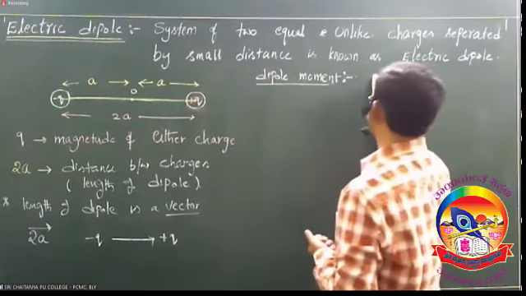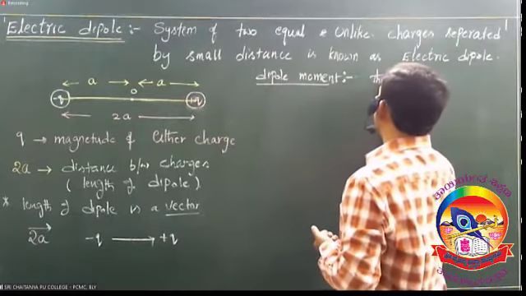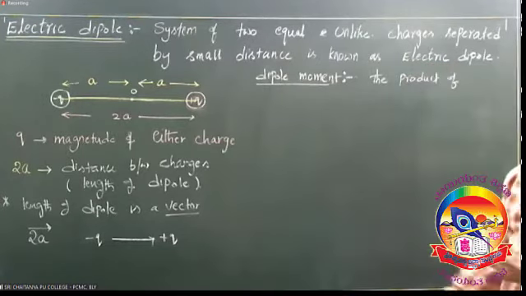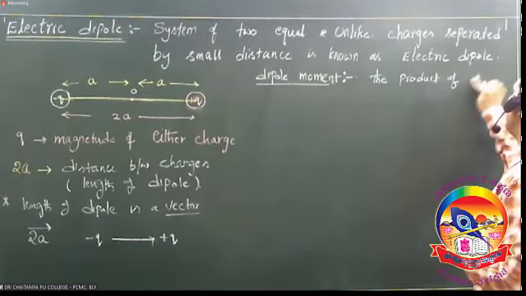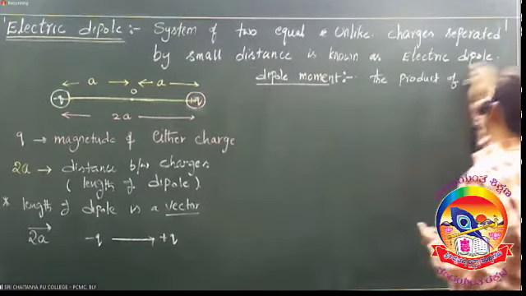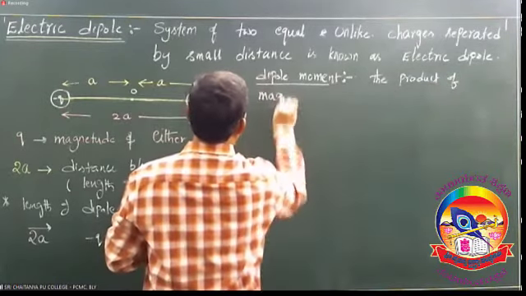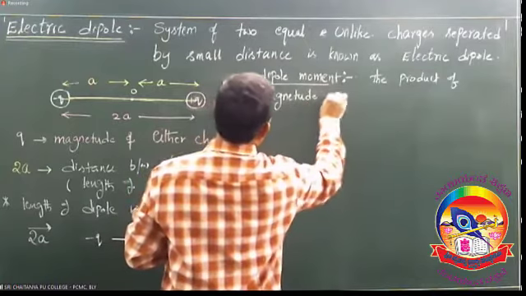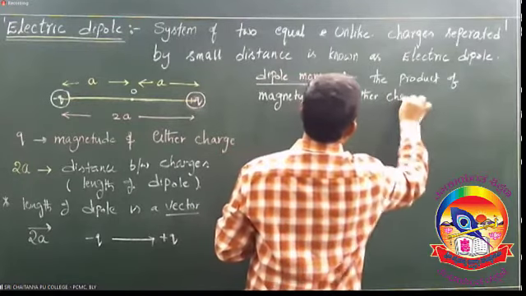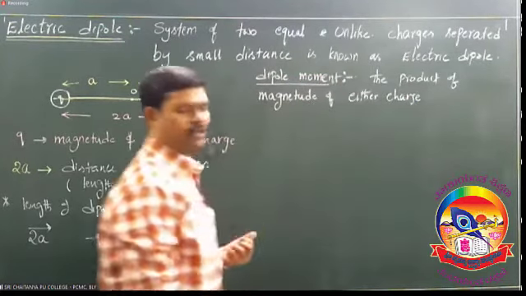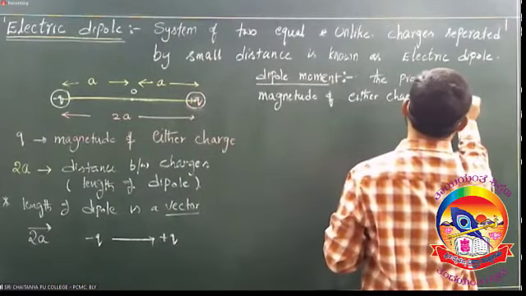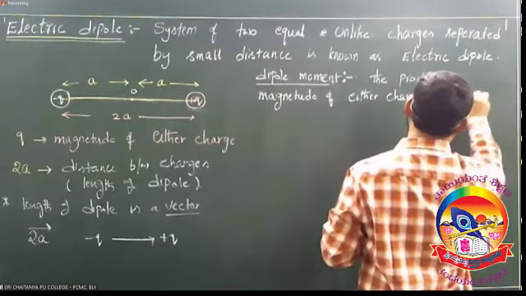It is the product of magnitude of either charge, any one of the charges, and dipole length.